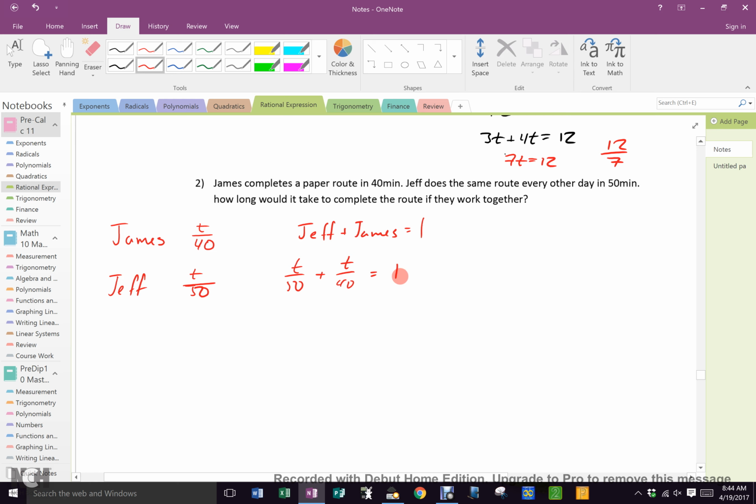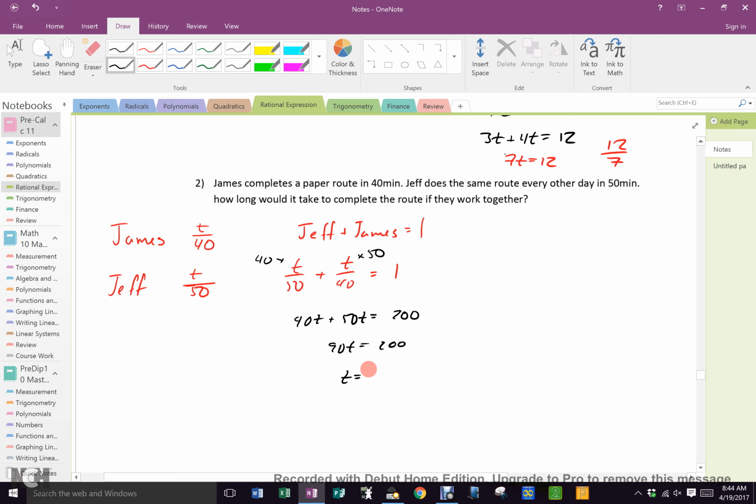So solve it. What's the common denominator? 200. So how did I get this guy to 200? This guy's times 4. What's this guy? Times 5. 4t plus 5t has to equal what? 200. 9t equals 200.